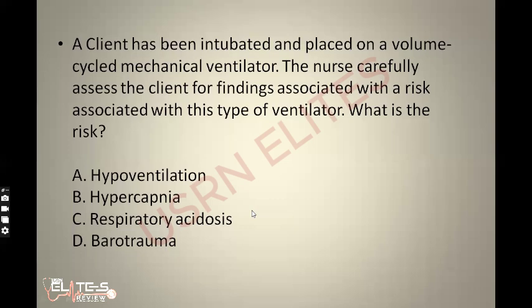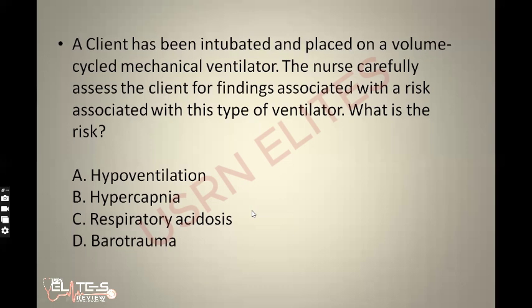It means it's estimated to be more than what the lungs can take, both of them. So when you give more than what the lungs can take, that is a potential risk factor, barotrauma.